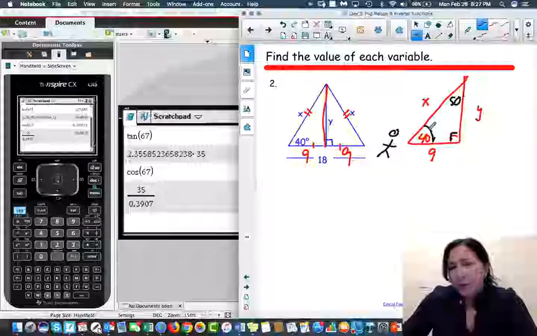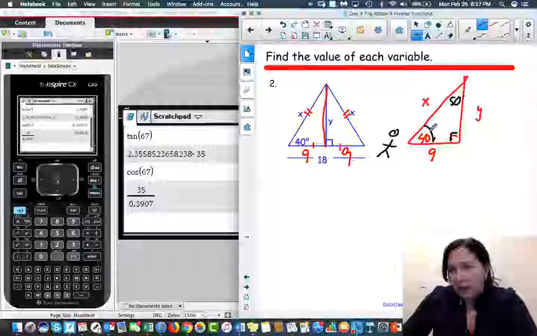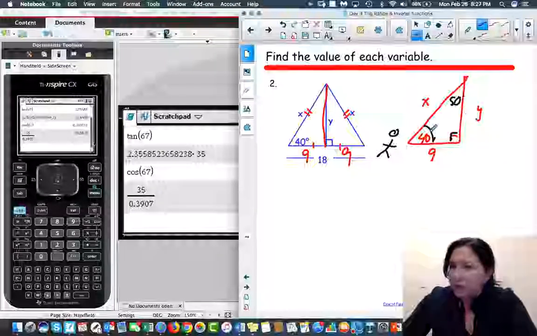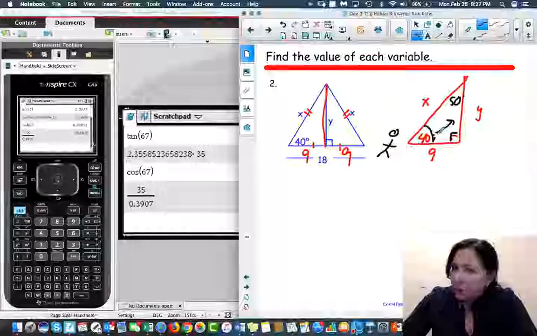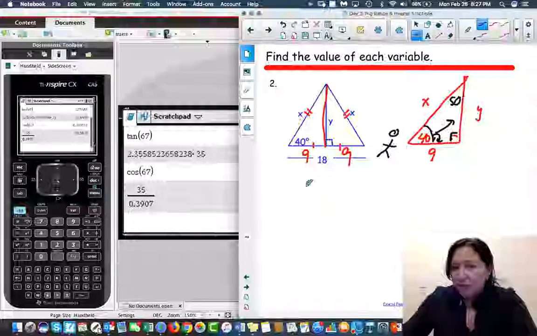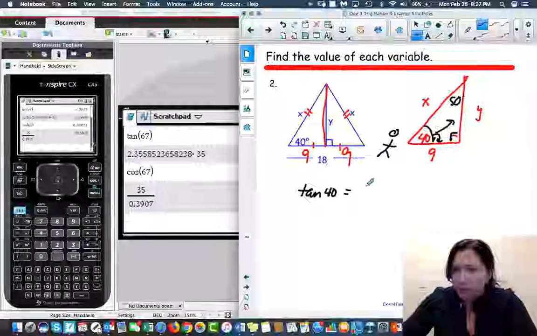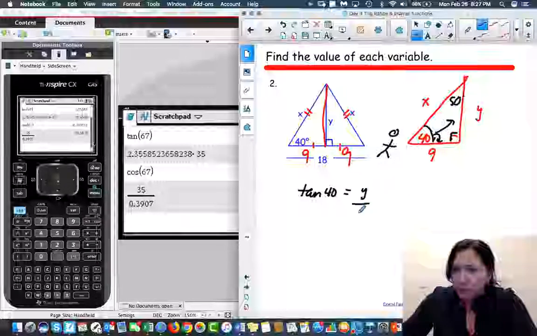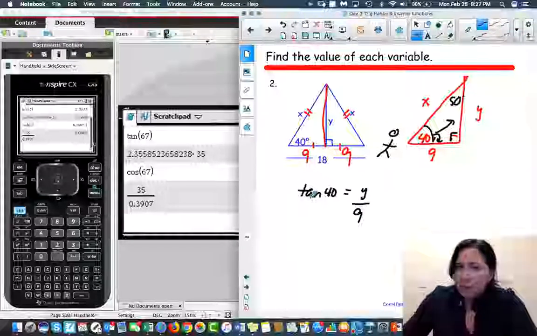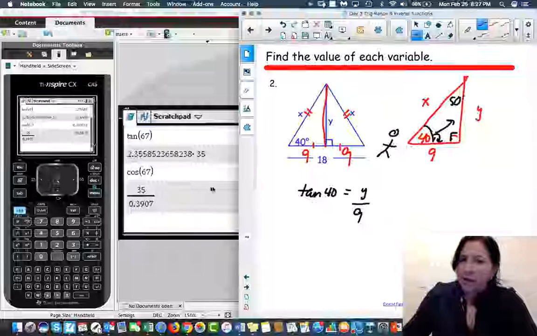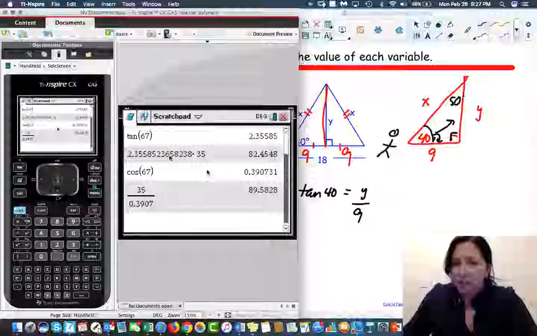So now, in order to find y, I'm going to use opposite over adjacent. So I'm going to say tangent of 40 degrees is equal to the opposite side over the adjacent. Now I have to go back to my calculator and figure out what tangent of 40 degrees is.